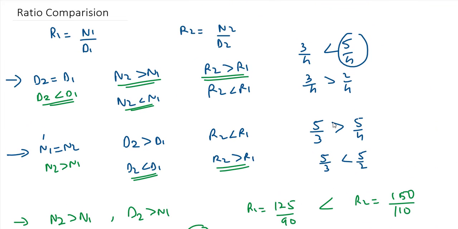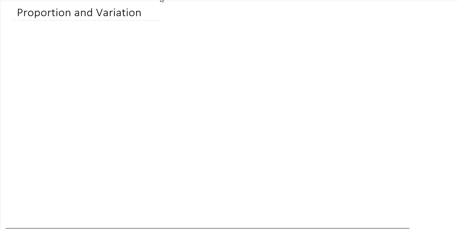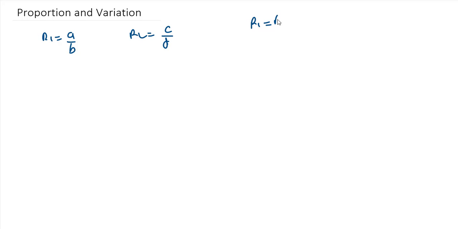Let us now understand the concept of proportion and variation. It is just the continuation of ratios. So if we have two ratios, R1 equal to A by B and another ratio R2 which is equal to C by D. So if these two ratios are equal, R1 is equal to R2, then the quantities forming the ratio, that is A, B, C and D, they are said to be proportional.